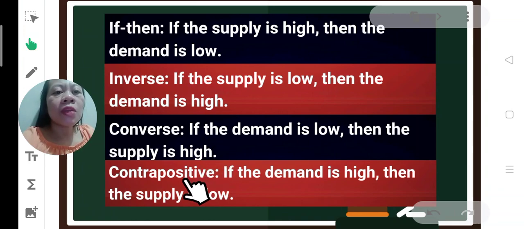Then for the contrapositive, just switch and negate the hypothesis and conclusion of the original statement, or just give the inverse form of the converse statement. So we have this one: If the demand is high, then the supply is low. So that is our contrapositive form.